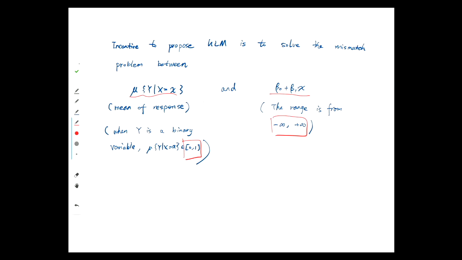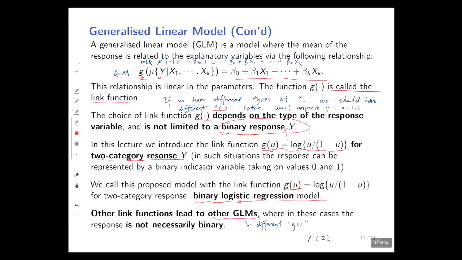In order to solve this mismatch problem of these two ranges, we propose to consider some function g such that the ranges of these two are consistent. That's the idea of the generalized linear model.